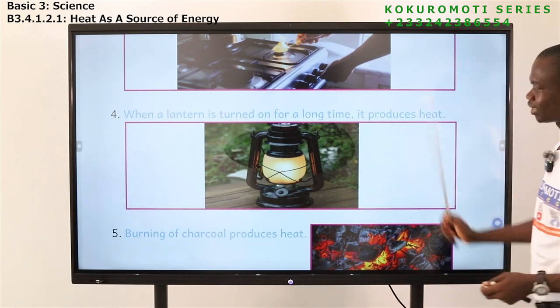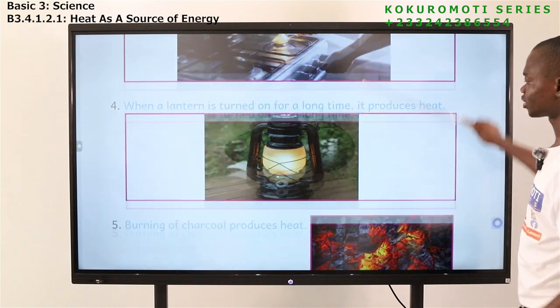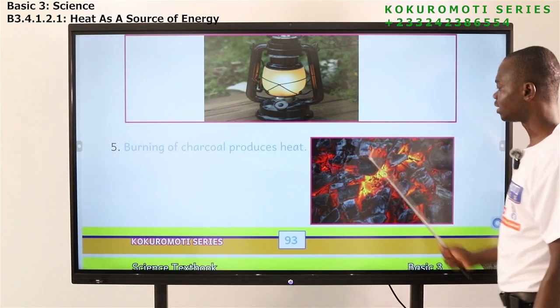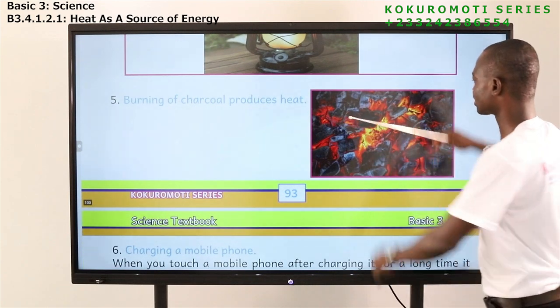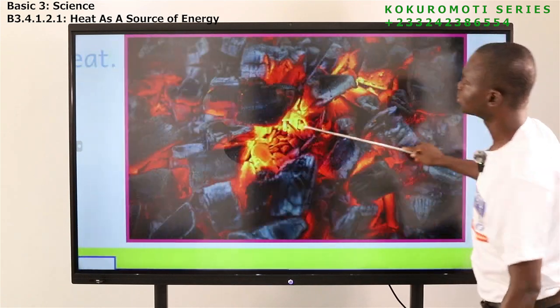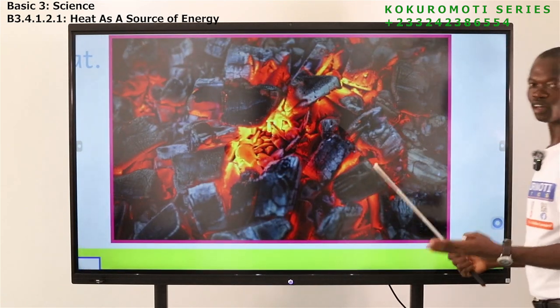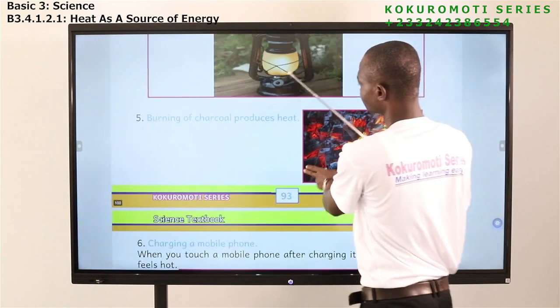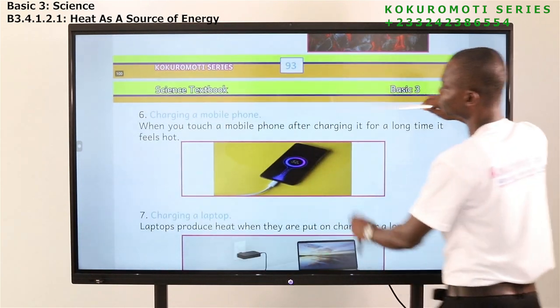So it produces heat when it is turned on for a long time. Let's come to this side. Burning of charcoal produces heat. Those of you who use charcoal to prepare food, we all know that it generates or produces heat. Okay, let's continue.